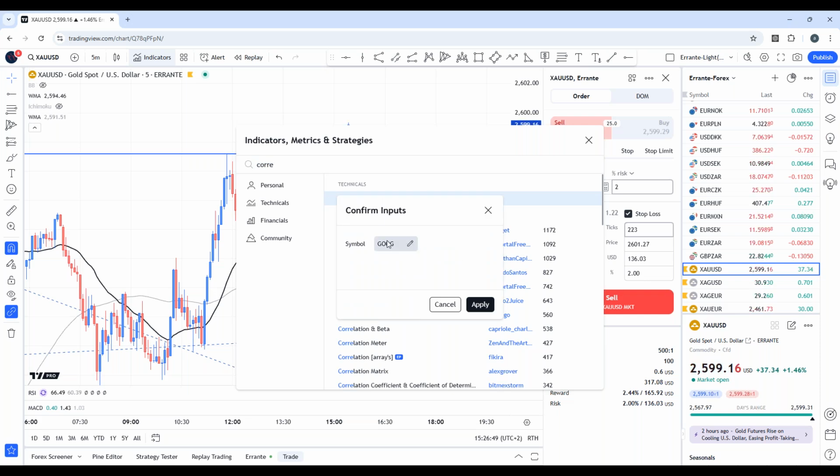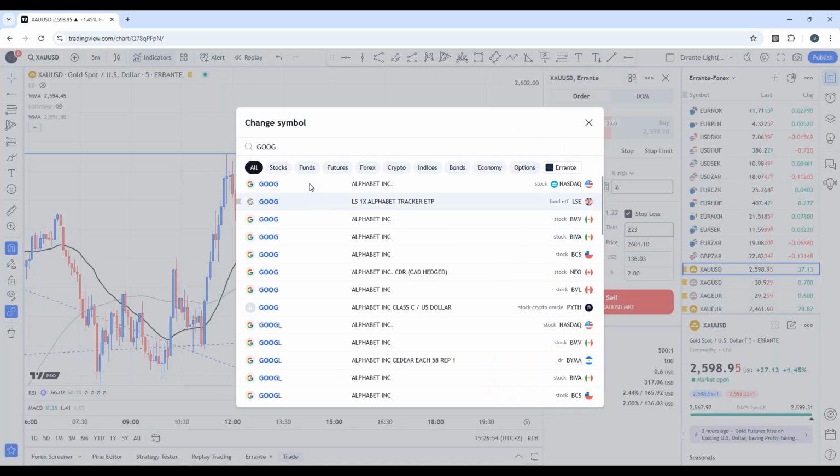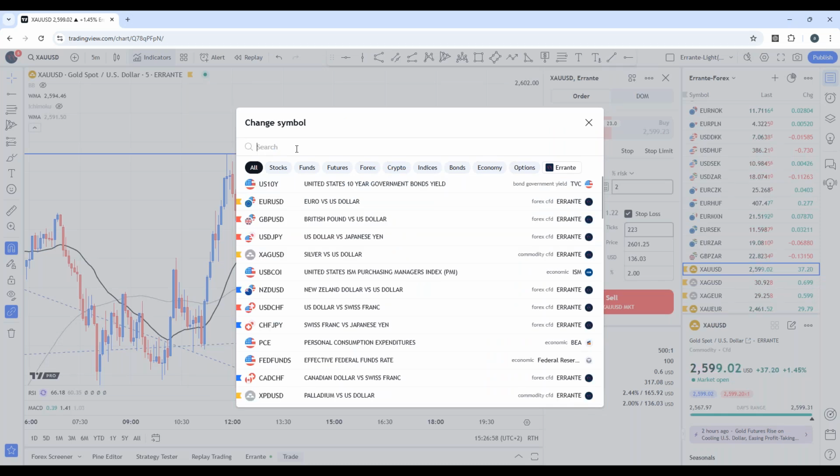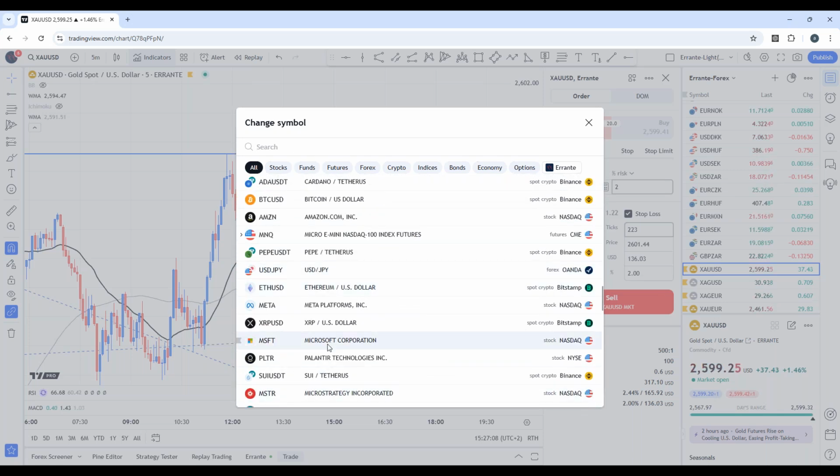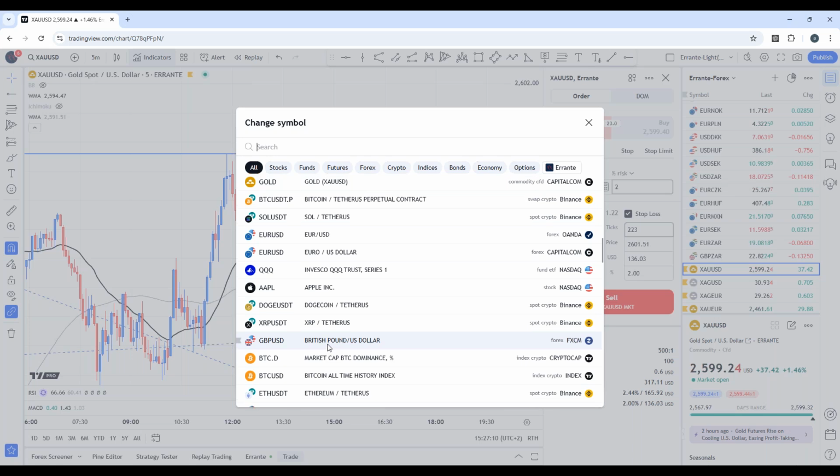You can find the correlation between, for example, here I have gold, and you can find a symbol you want to measure the coefficient against, coming from a Pearson ratio if you are familiar with correlation. So in that case, I'm going to choose, let's say, the US dollar index.